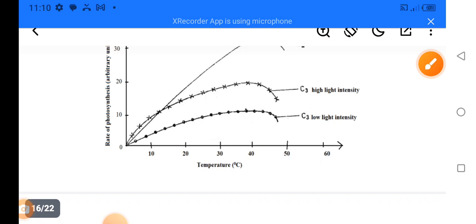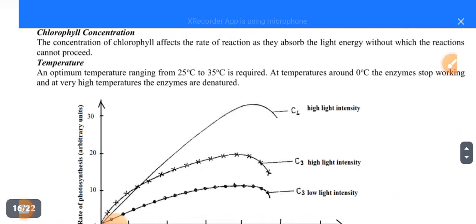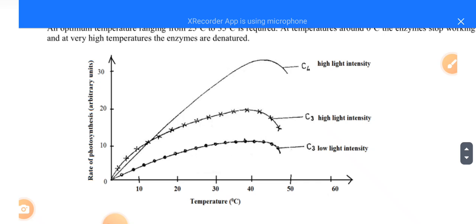We have temperature on the horizontal axis, in degrees Celsius, and on the vertical axis, the rate of photosynthesis in arbitrary units.